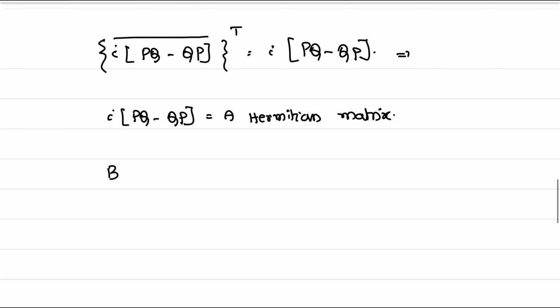Because this whole matrix, let me say some A, then because A conjugate transpose is equal to A, it is Hermitian.